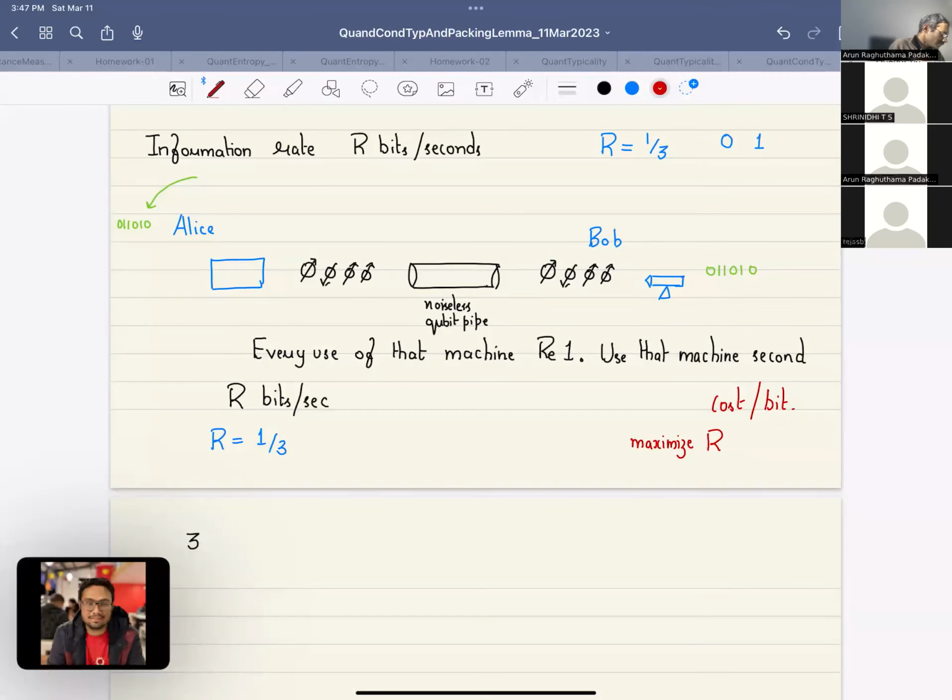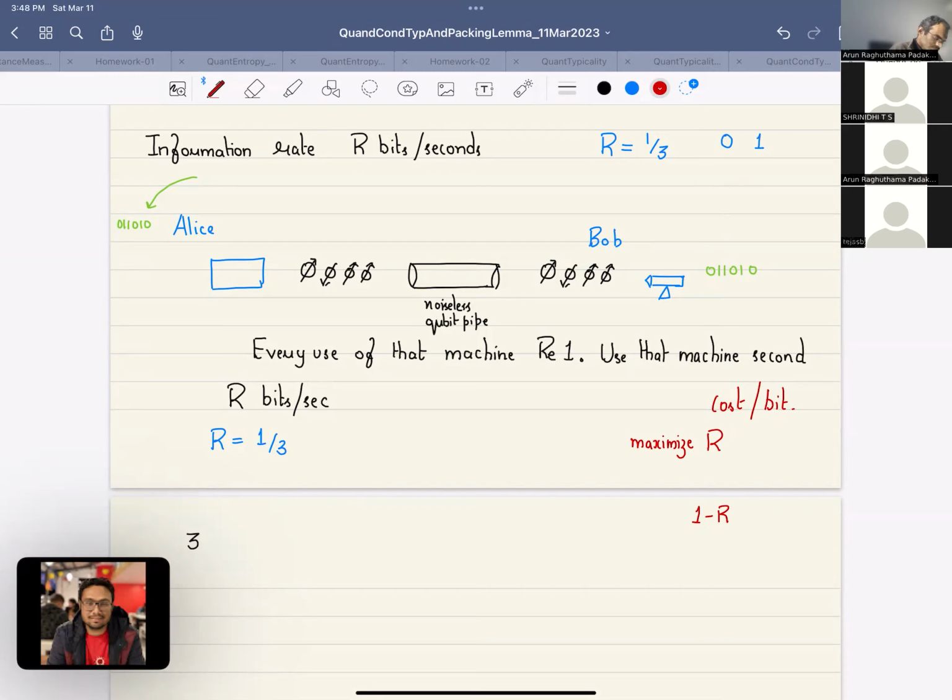The higher the rate at which they can communicate, they get some rebate. So in some sense, their cost is 1 minus R, and they want to maximize R. Somebody pays Alice and Bob for sending these R bits across. Every bit they send across, somebody is going to pay them. So the net cost to Alice and Bob is 1 minus R, right?